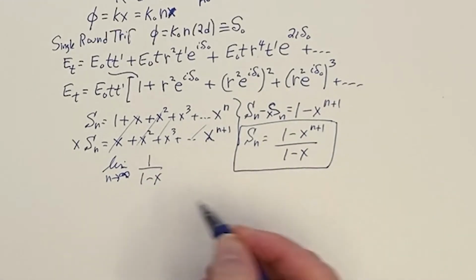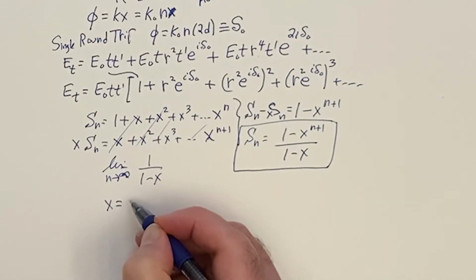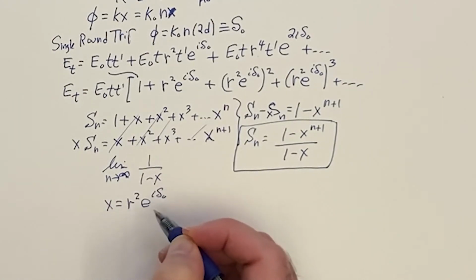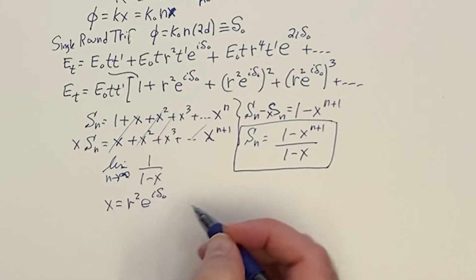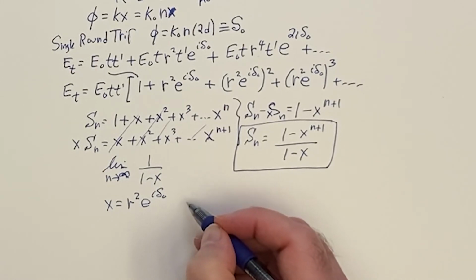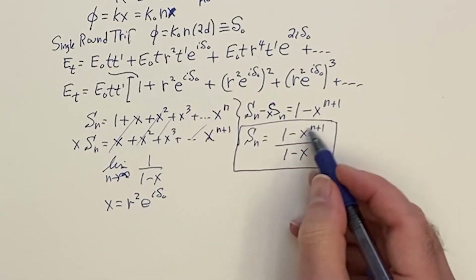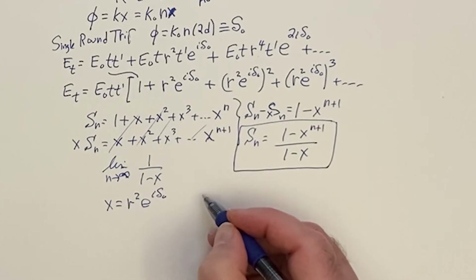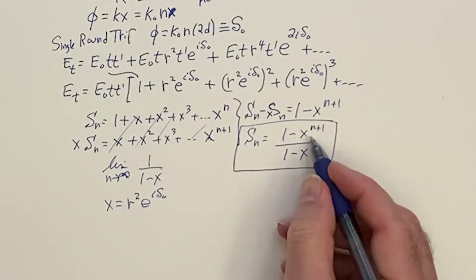Now you might worry and say, well, but wait a minute. You've got this exponential in there. Aren't you worried about this exponential? Well, yeah, we should worry about things like that. It's all right, so let's do that. If we look at this term, this is your x.